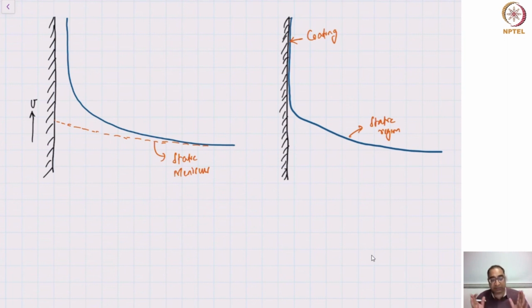So we divide this problem into several regions. The first thing is we will consider a region over here, which you can think of as the viscous dominated region.